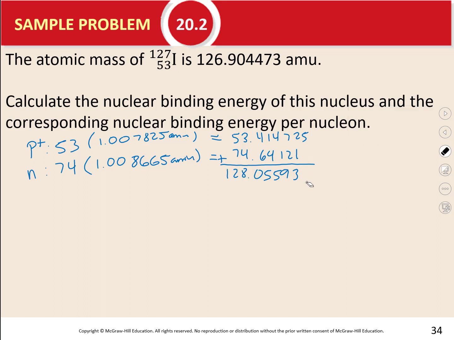They round to. They just round that to a 4.